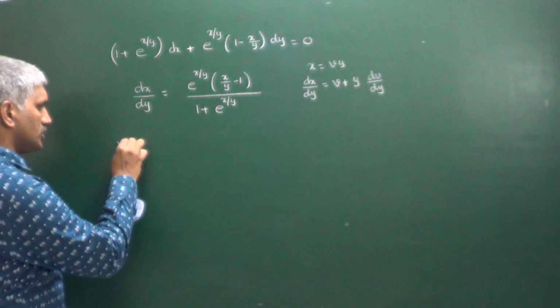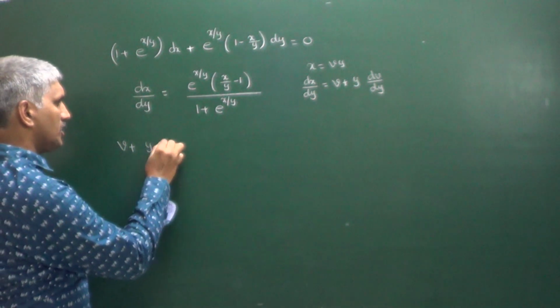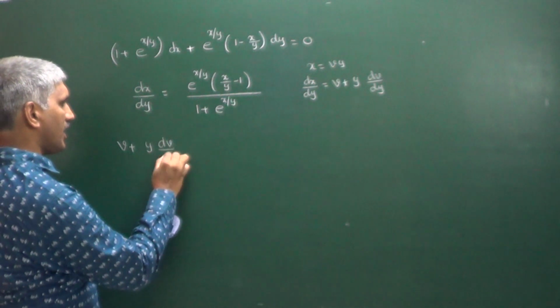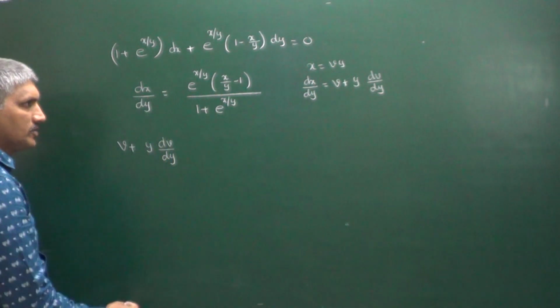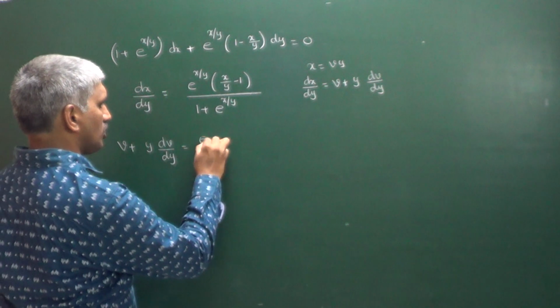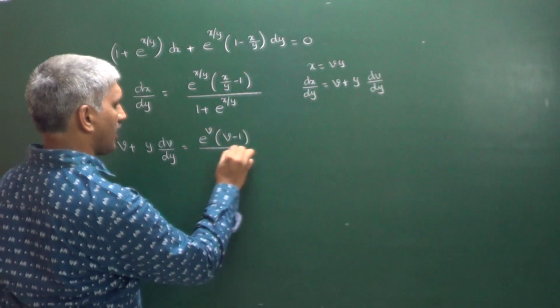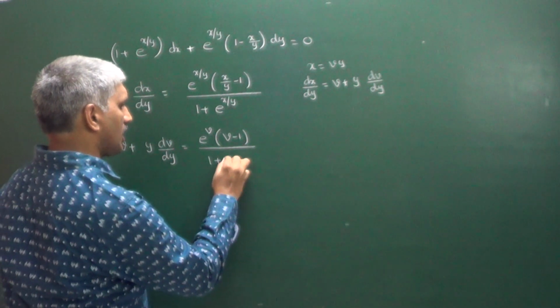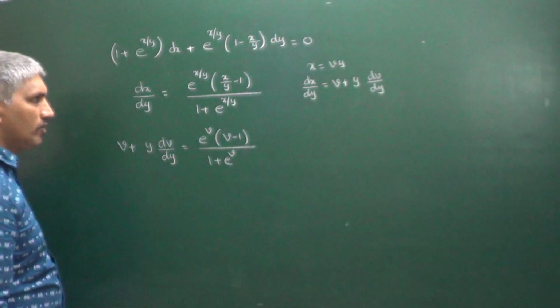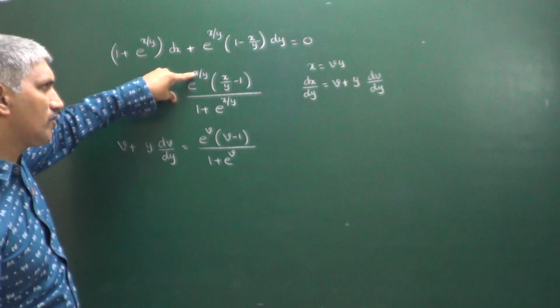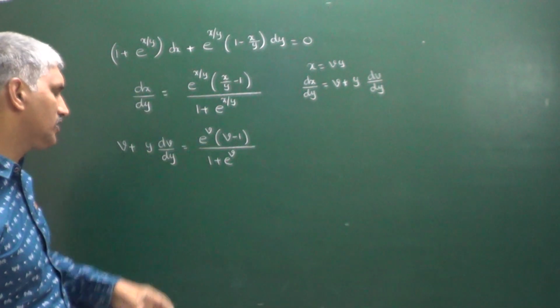Now the question changes as v + y dv/dy = e^v(v − 1)/(1 + e^v). Wherever x is there, in place of x I wrote vy. That's why we got this step.